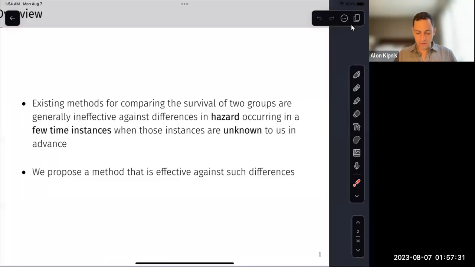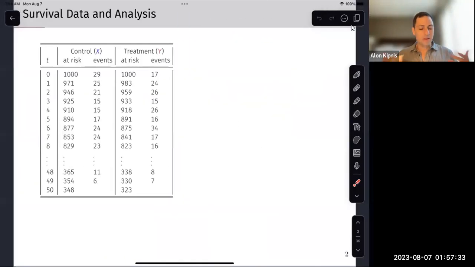Okay, so we're dealing here with survival analysis, or survival data and its analysis. When we think about such data, we usually have two groups. Sometimes we denote those groups as the control group or the treatment group. Here we'll call them X and Y, or the blues and the reds.